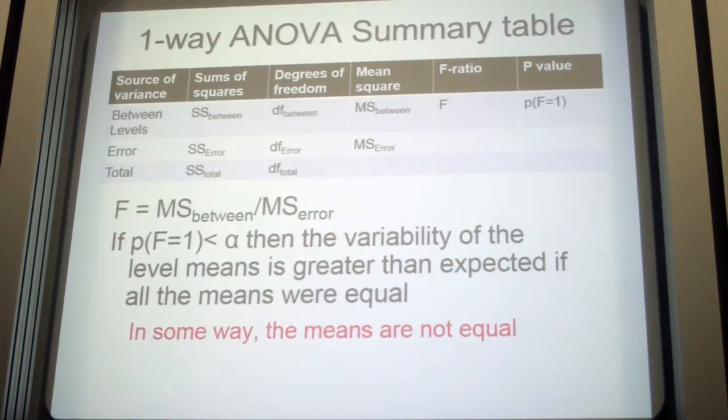If the probability of getting that value by chance is smaller than our alpha level, 0.05, we can conclude that in some way the means are not equal. In some way there's a difference between some of those means, but we don't know which one is different from the others.